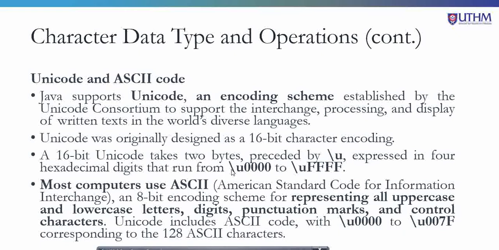Hexadecimal digits are from 0 to 9, and after 9, continue from A to F. That is the first one, Unicode.